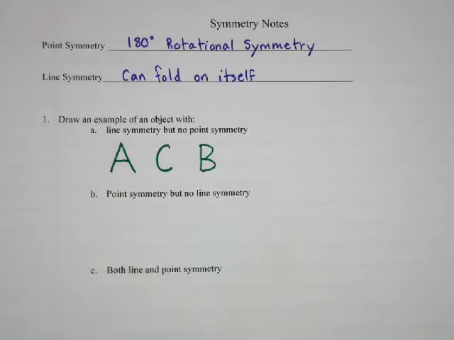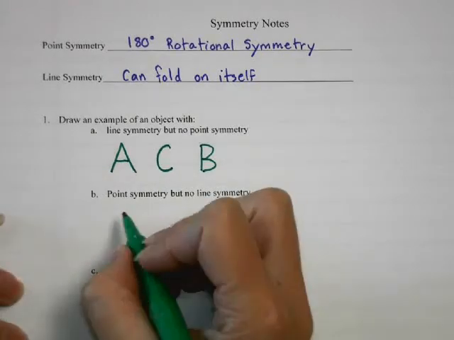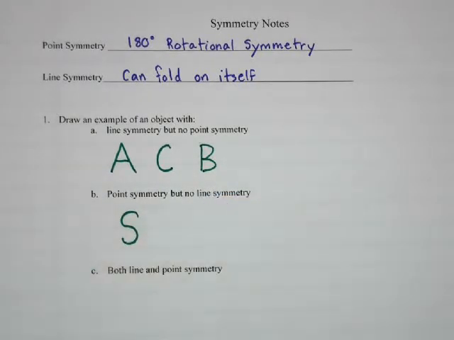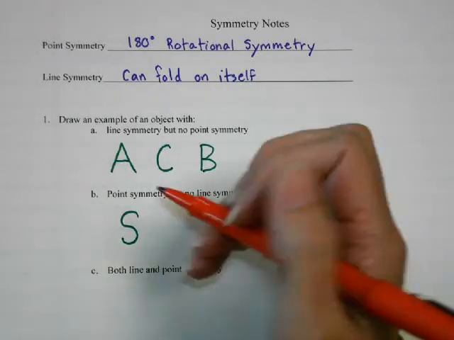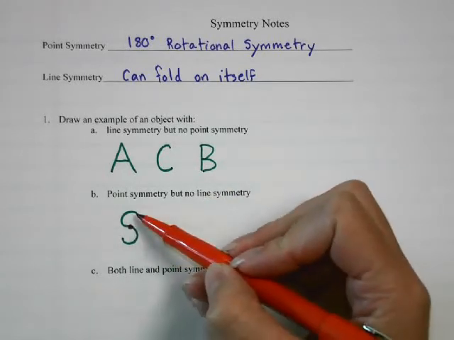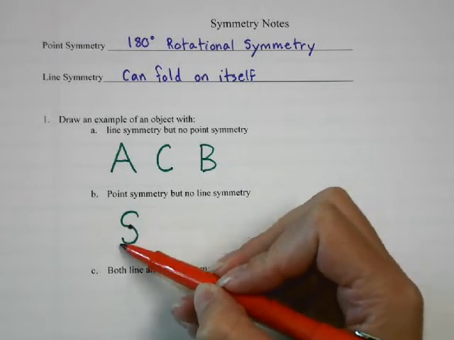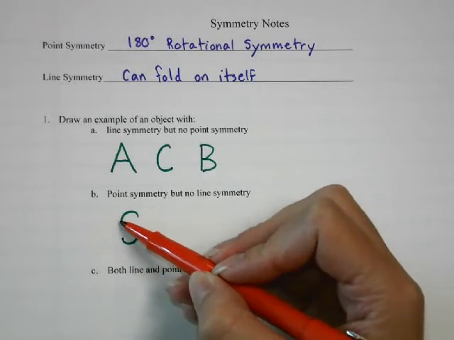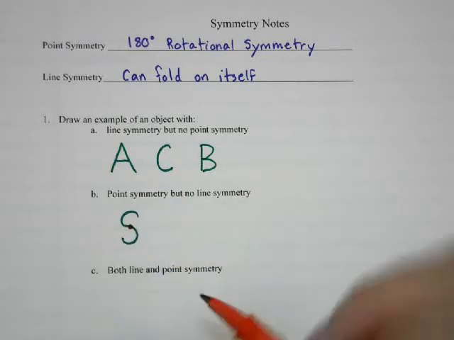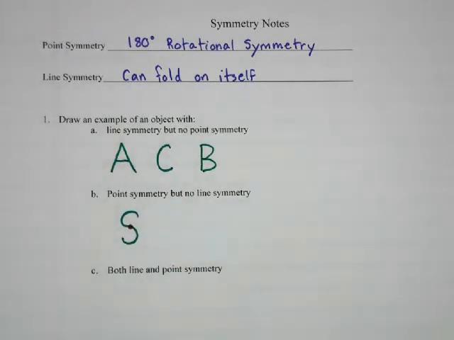Point symmetry, but not line symmetry. This is a little bit harder to picture, but if we use the letter S, let me use this to illustrate point symmetry. There is a point on this object such that every point on one side of that dot has a counterpoint. So here to here, here to here, but there's no line that you can fold it on that it's going to end up on itself.